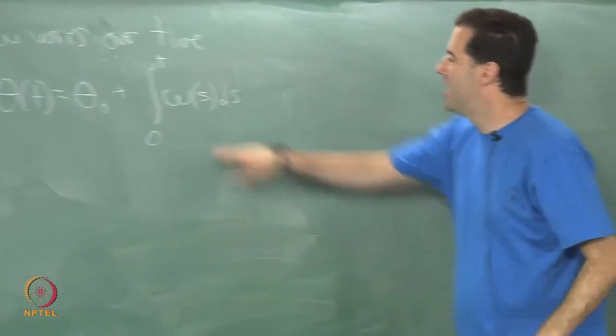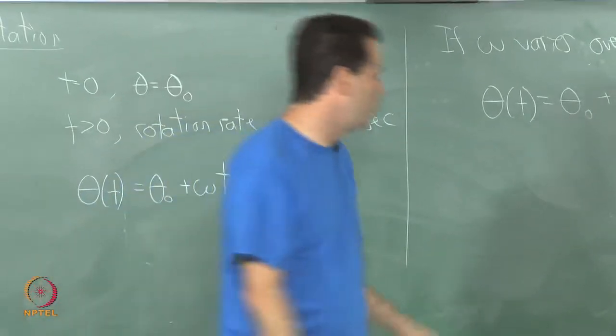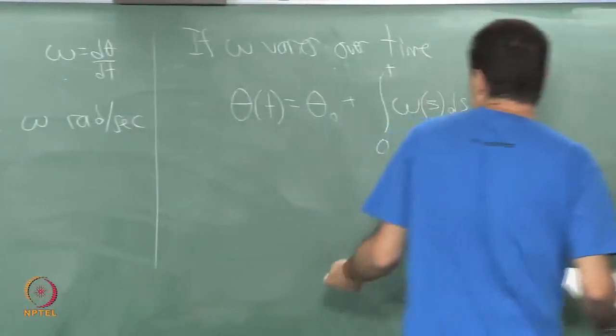So we just now write omega as a function of time and we just integrate that, right. So that's all simple calculus, and I haven't really computed anything here.